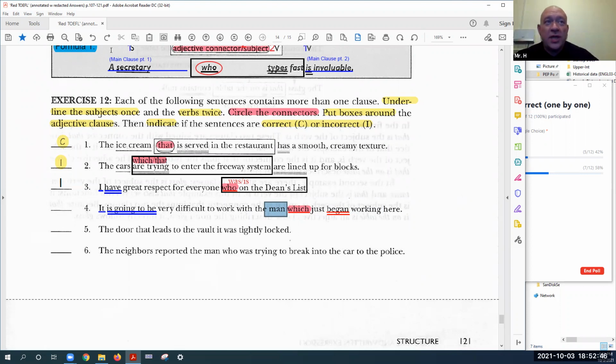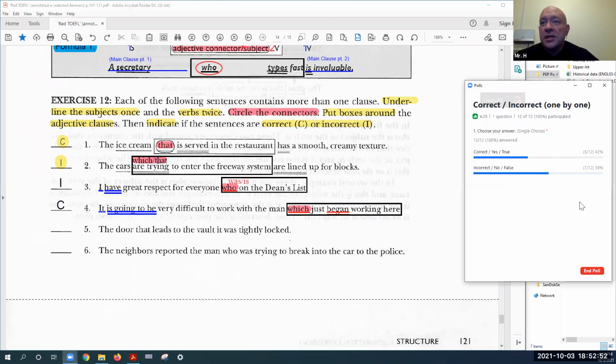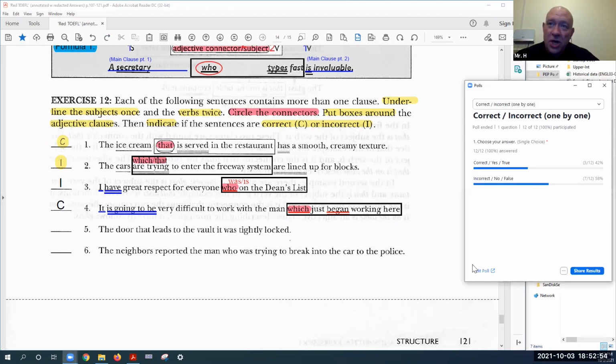Let's try the next one, okay? Number 5. Oops, I don't want to give away the answers. Here we go. Let's start. You got 30 seconds. Choose now.